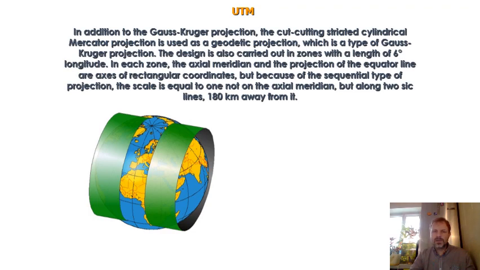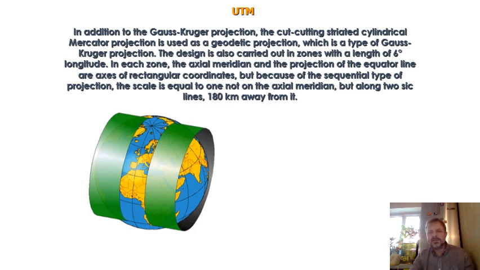In addition to the Gauss-Krüger projection, the secant transverse cylindrical Mercator projection is used as a geodetic projection, which is a type of Gauss-Krüger projection. The design is also carried out in zones with a length of 6 degrees longitude.